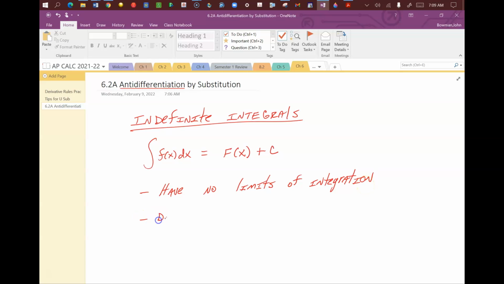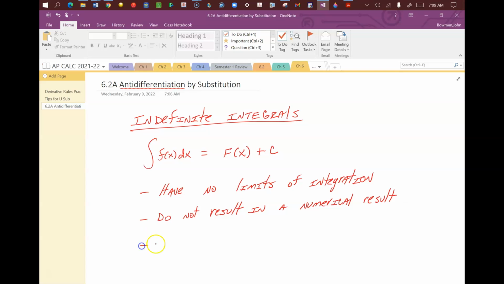They do not result in a numerical result. In other words, you're not going to get a number.